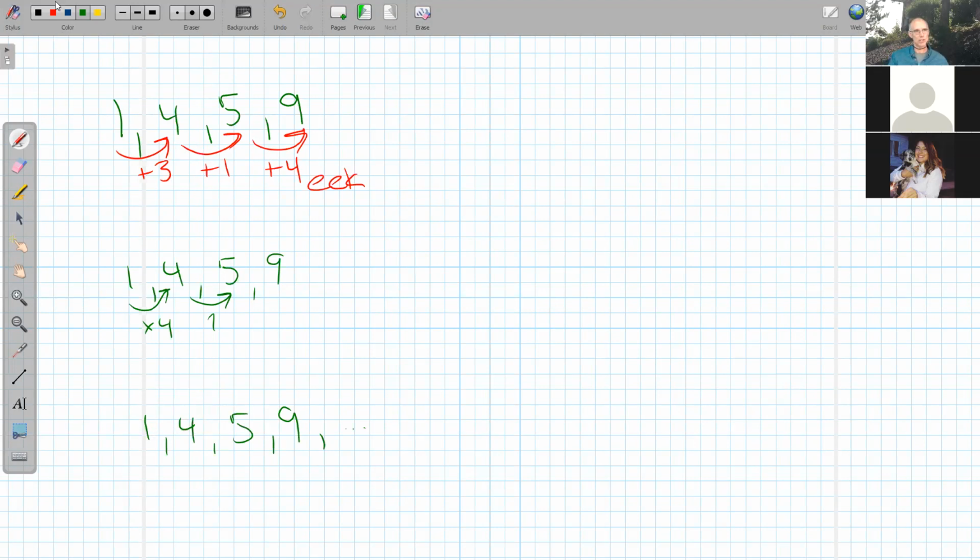Oh, check this out. 1 plus 4 gives me 5. 4 plus 5 gives me 9. So I think 5 plus 9 is going to give me 14. This is a Fibonacci sequence.